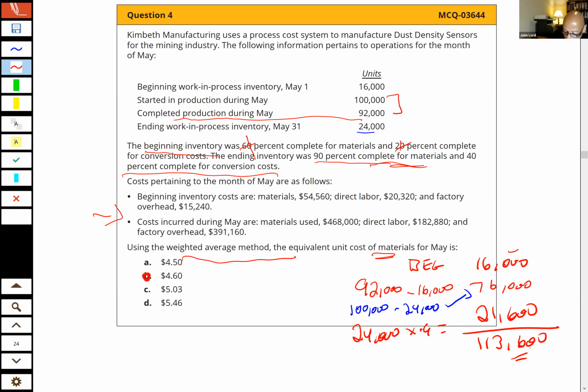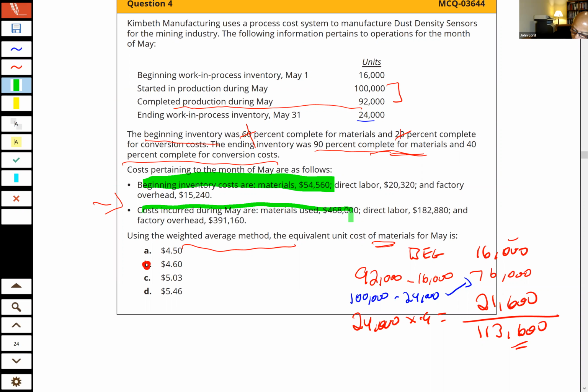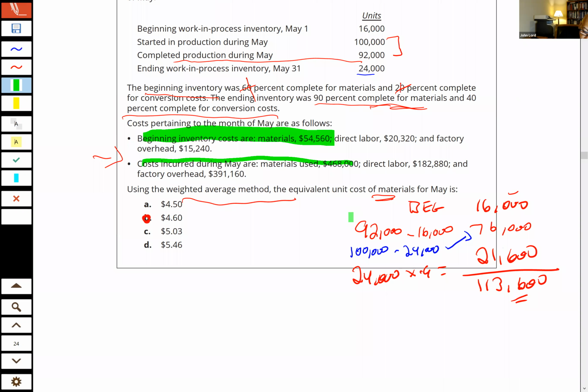Okay. Now in this problem, I had to pick up the cost, and for my materials, beginning was 54.6 and materials used was 468. And I pick up both of those numbers because I assume I did all of that work this period. If this was FIFO, I would ignore the beginning and just pick up the cost added, but I have to take 54,560 plus 468,000.